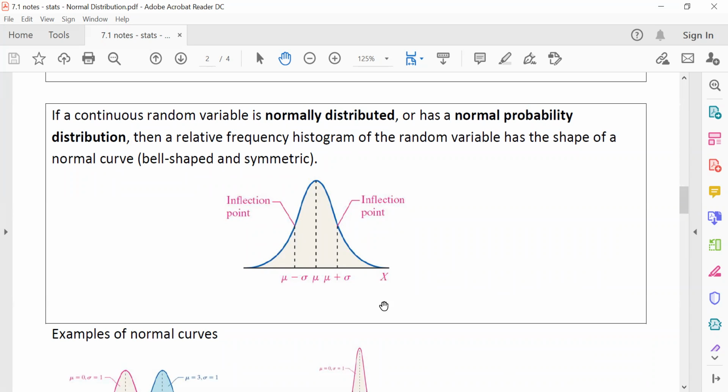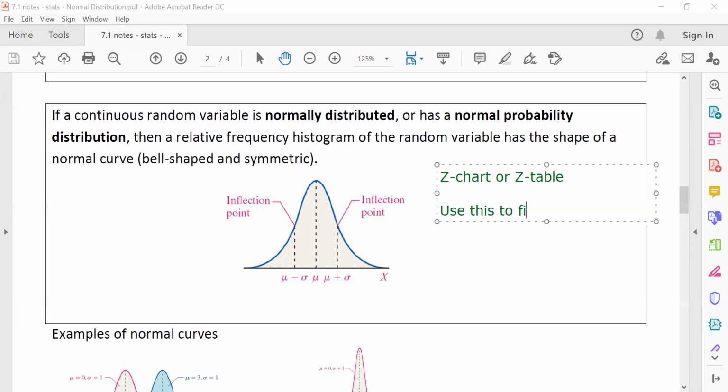What we're going to be using is something called a Z chart or a Z table. We're going to use this to find areas underneath the normal distribution curve.